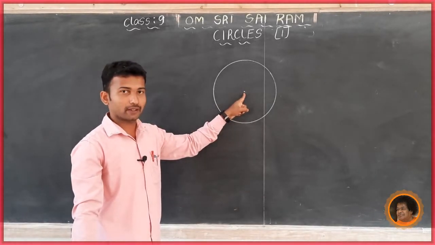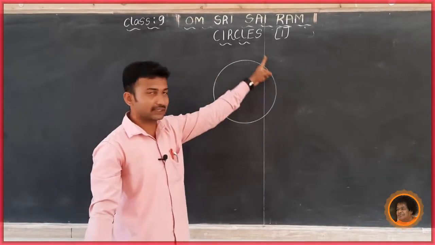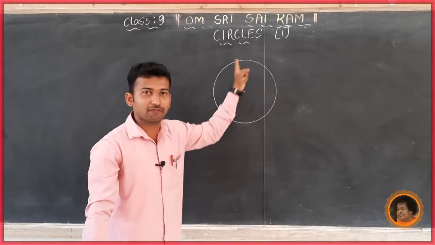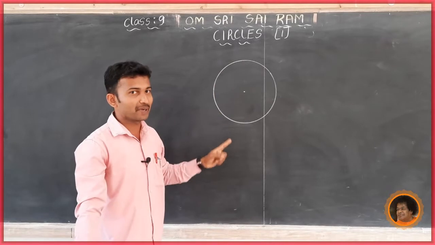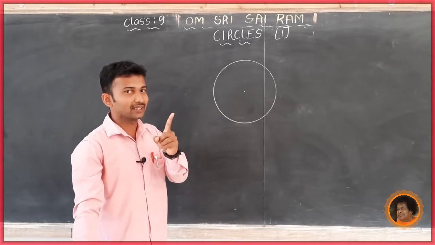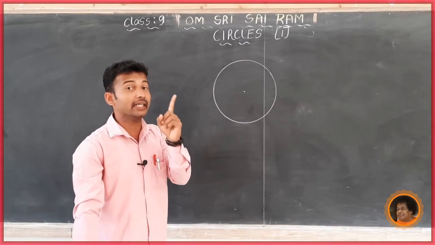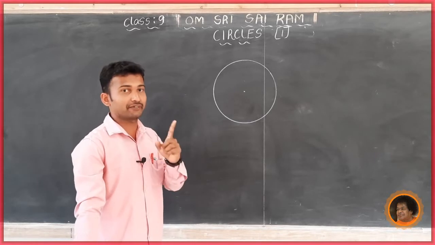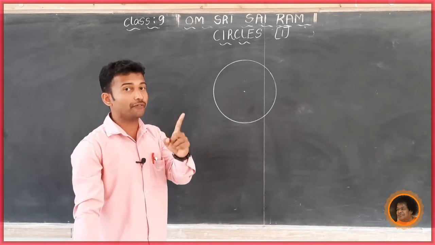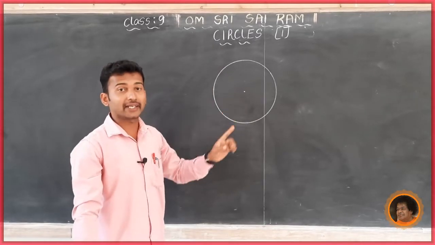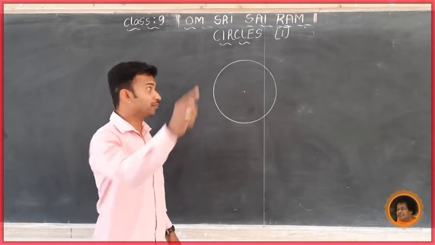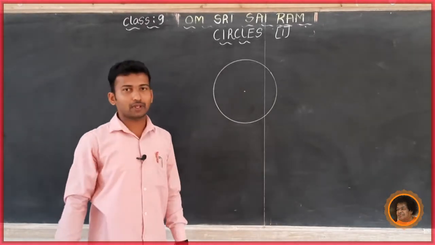The important word here is collection: the collection of points in the plane surface are at a fixed distance from the fixed point.